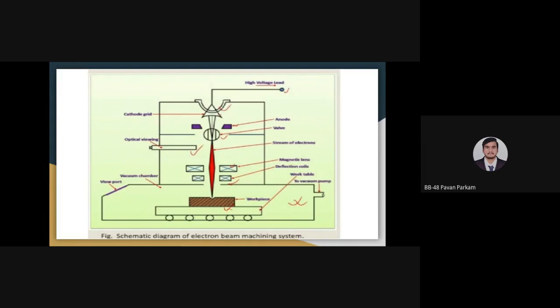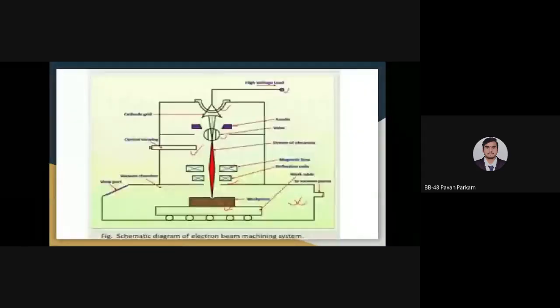That velocity is around 66 percent of the velocity of light. So it is that high velocity generated electron.